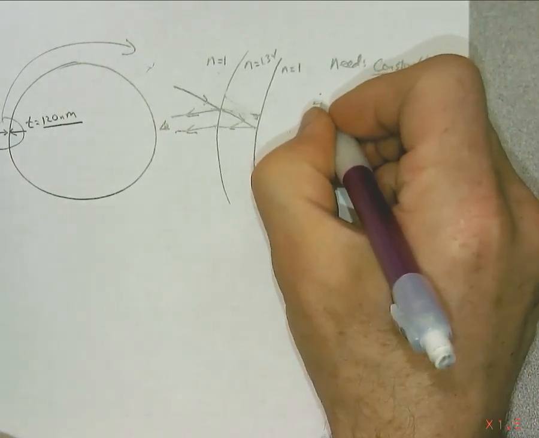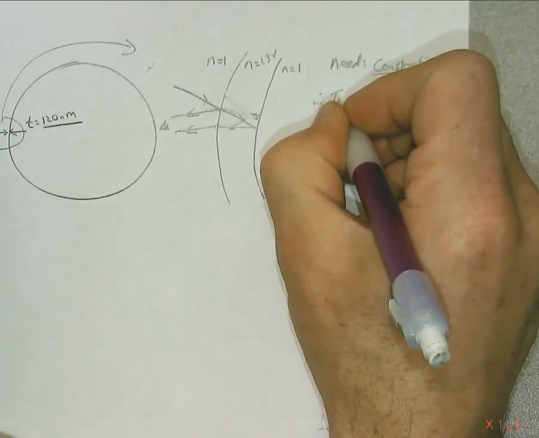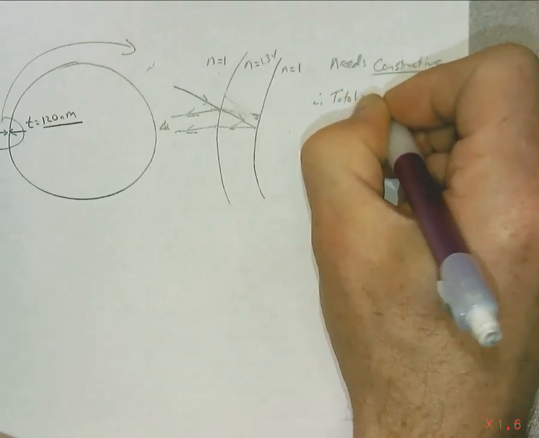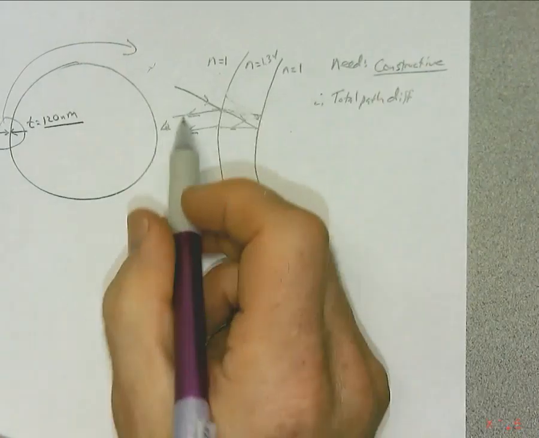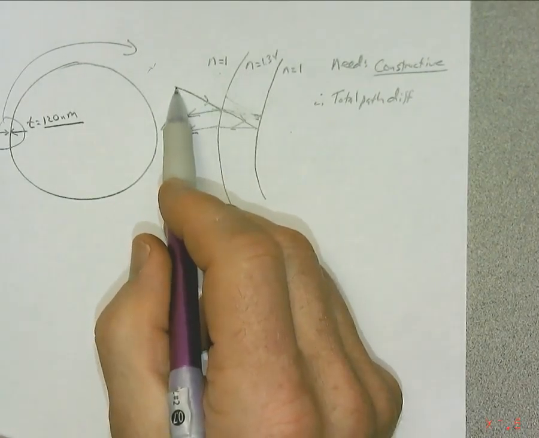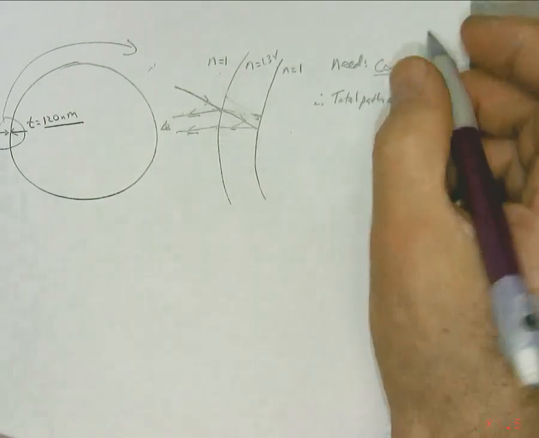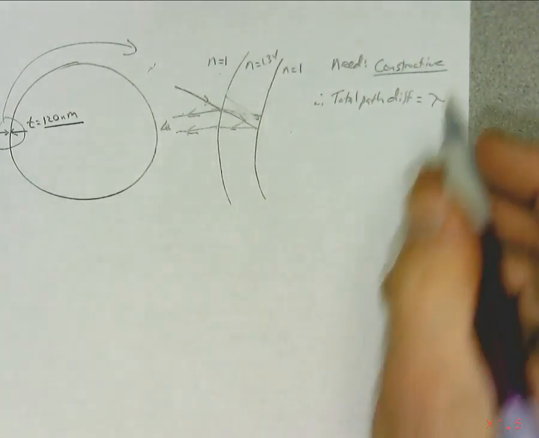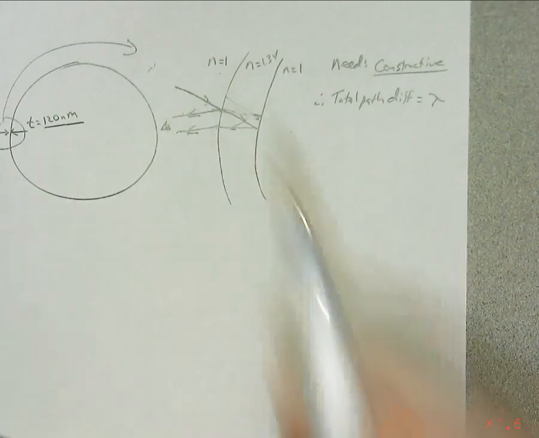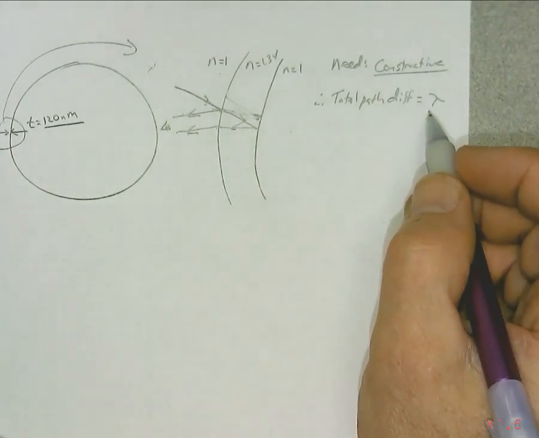Therefore, the total path difference from this beam of light to these two has got to be equal to a wavelength. One wavelength, so that you have constructive interference. If you see the light, it's got to be constructive.